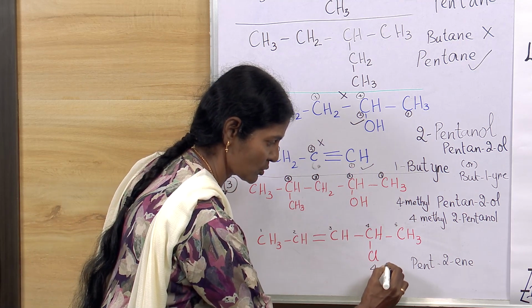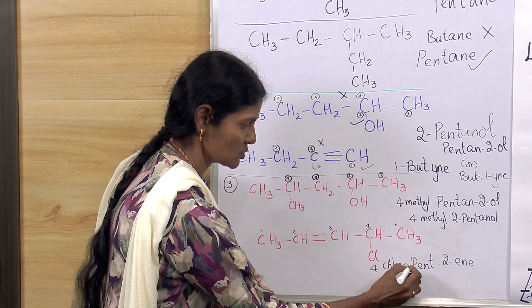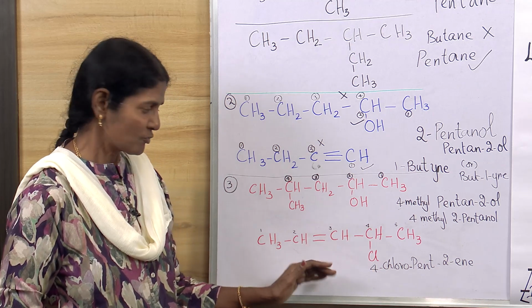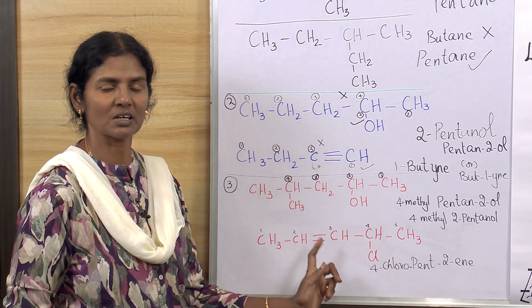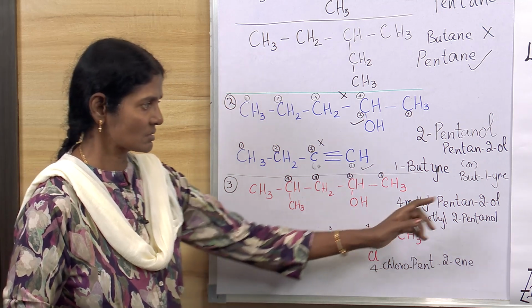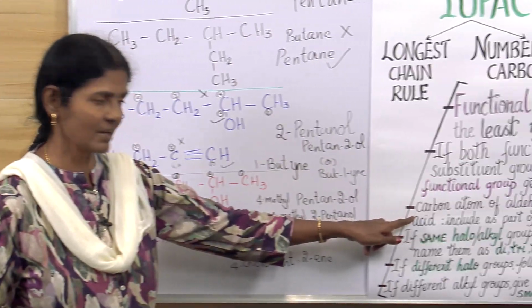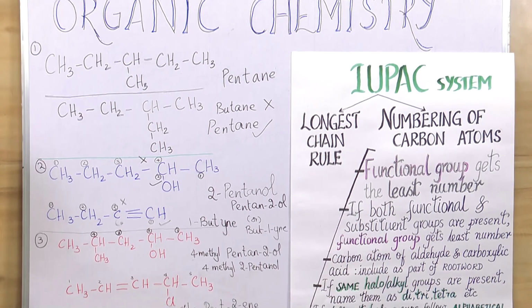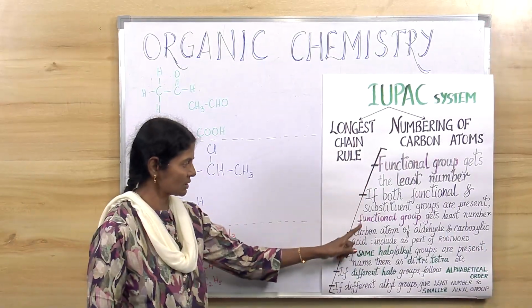Therefore, 4-chloropent-2-ene. This is the name of this compound. If both are present, still the functional group gets the least number. So that is what we are learning about this. Now we move on to the next rule.